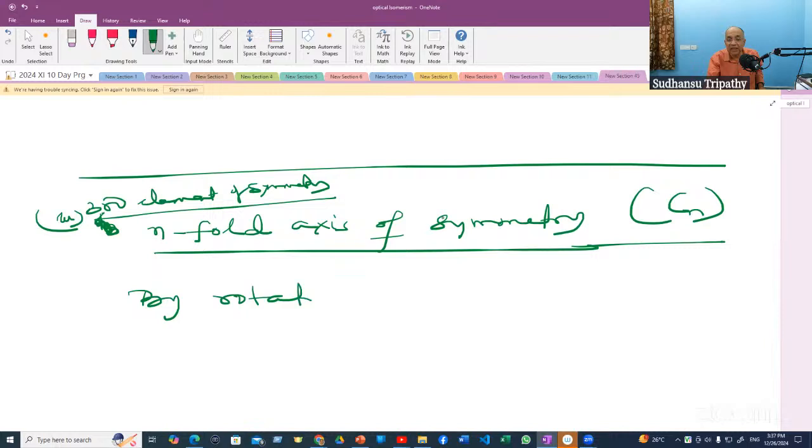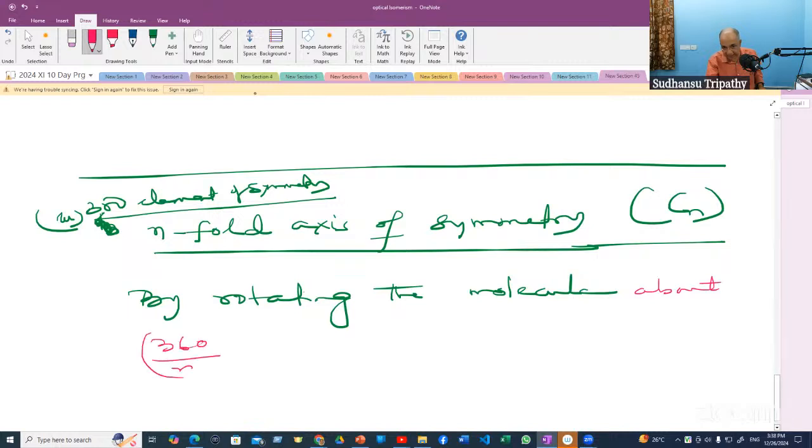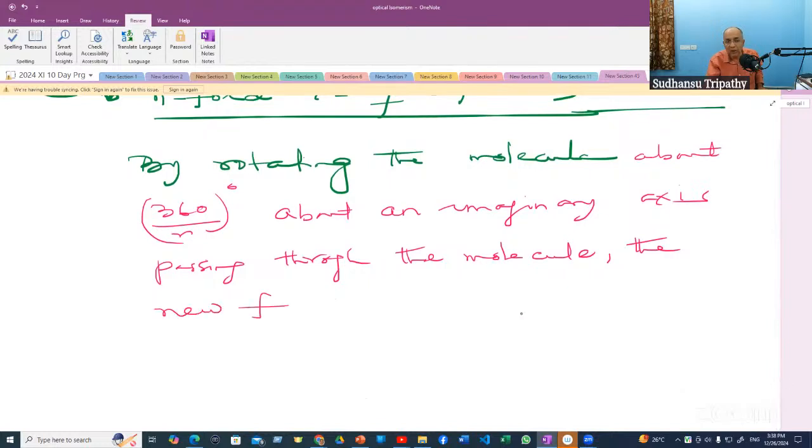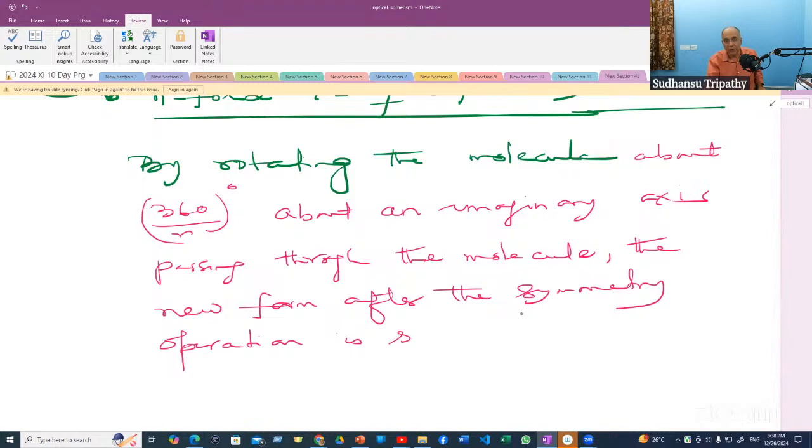By rotating the molecule about 360 by n degree about an axis, an imaginary axis passing through the molecule, the new form after the operation, this is called symmetry operation, is superimposable or indistinguishable with the original form.